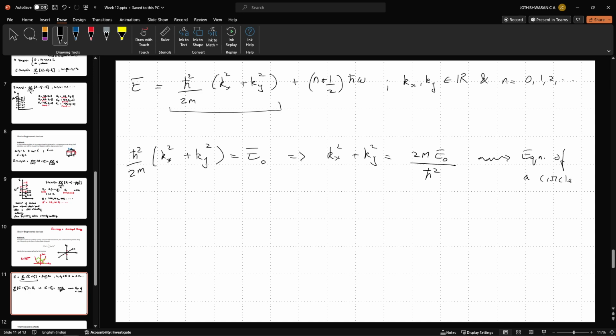So if nothing else was there, for a 2D system, the isoenergy surfaces would be circles.